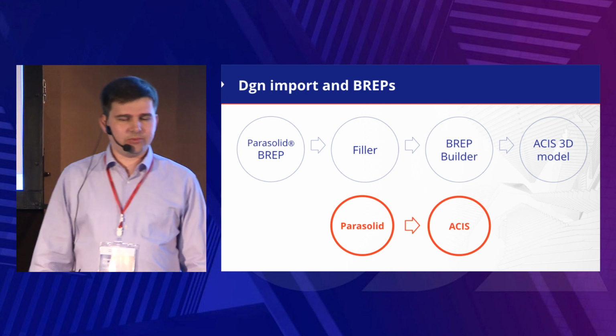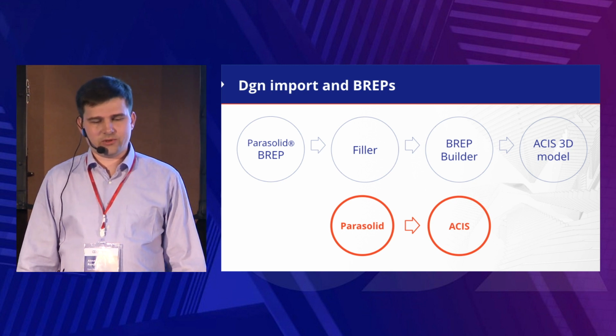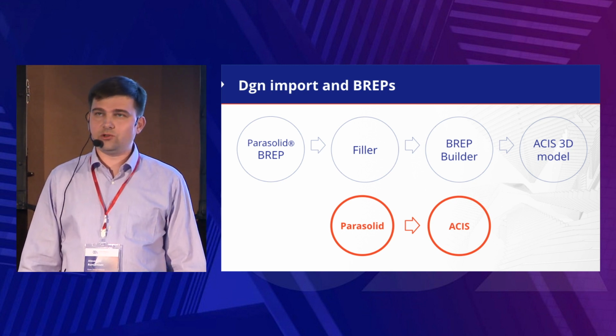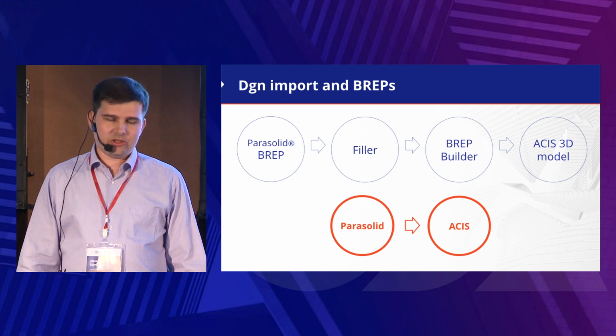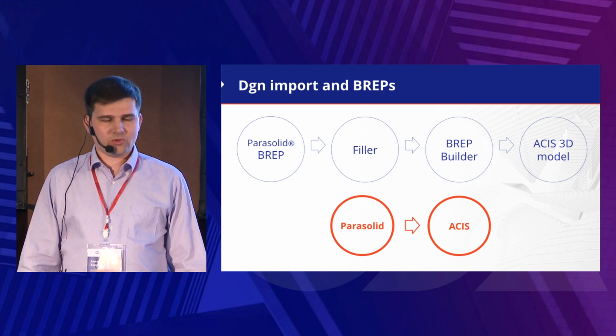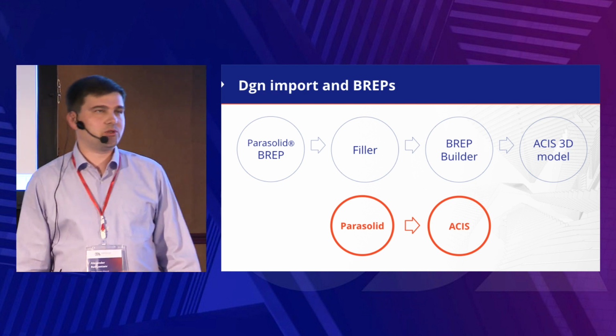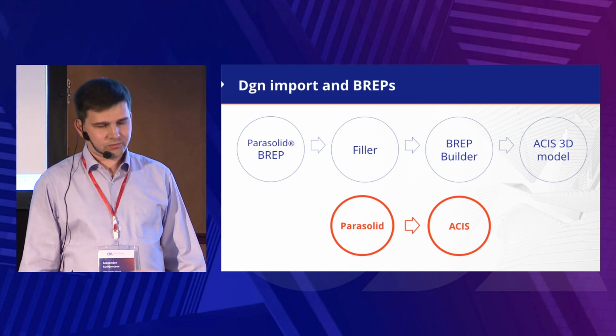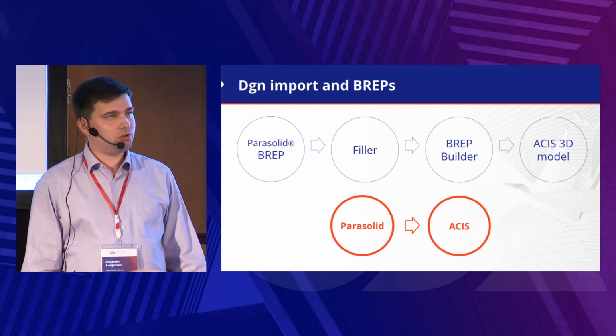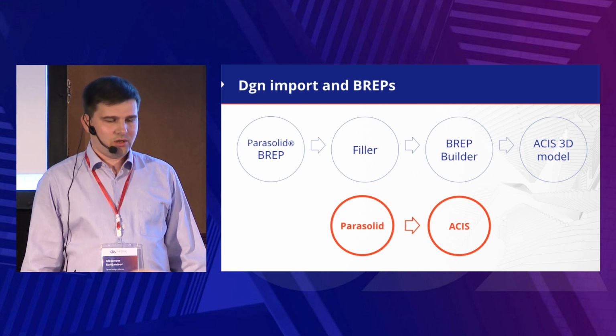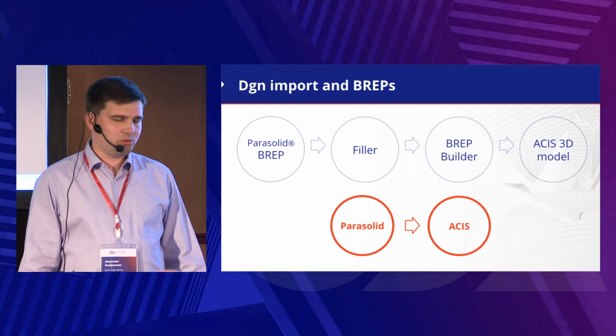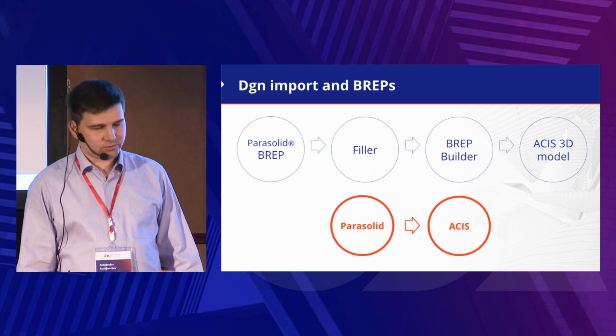Comments about DGN import and using of BREP interfaces. As you know, there are a few BREP-based elements in DGN, Smart Solid and Feature Solid. Internally, such entities contain ACIS or Parasolid data streams.